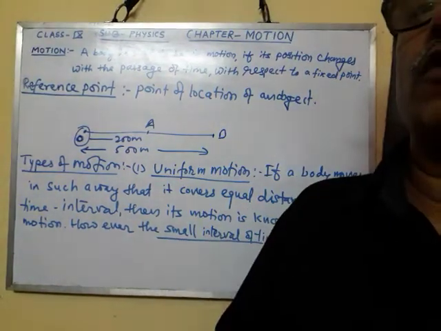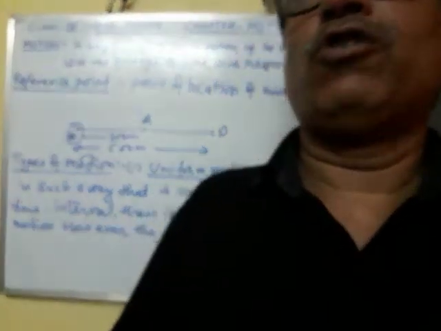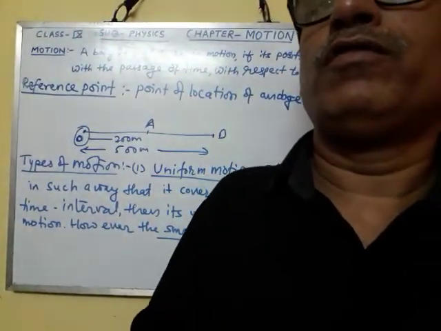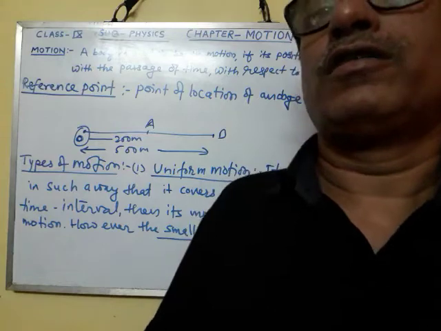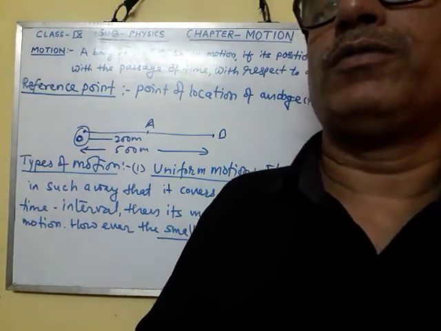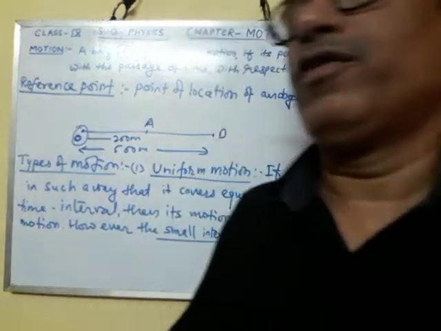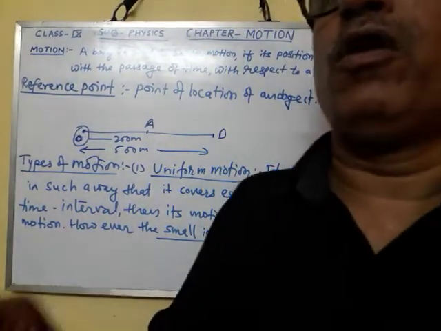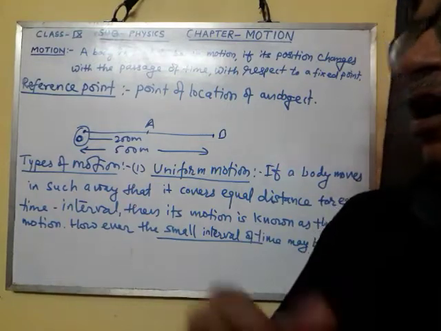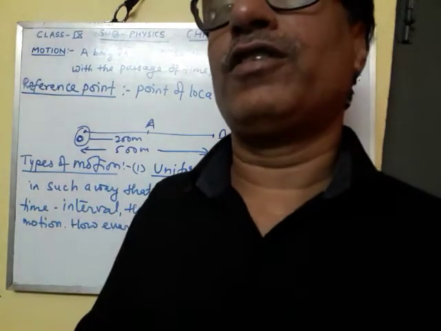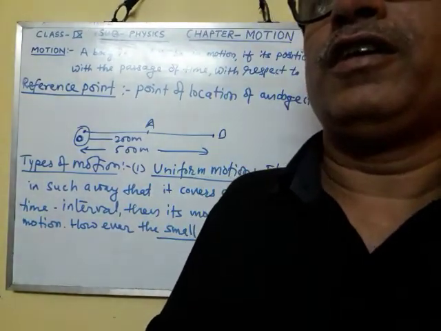So sometimes the speed of the earth is a little bit more when it is near the sun, and when it is far away from the sun, its speed is reduced. Therefore the earth does not move uniformly around the sun, but it always completes one round in 365 days and 6 hours.